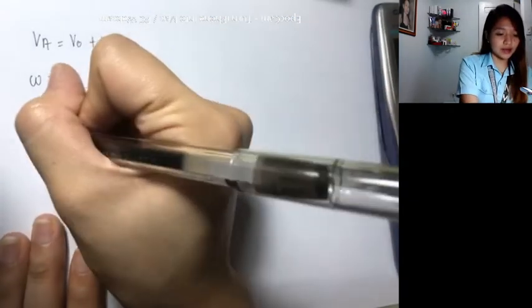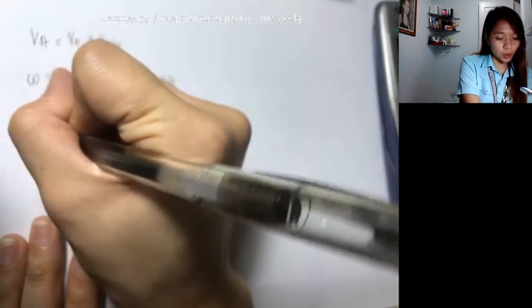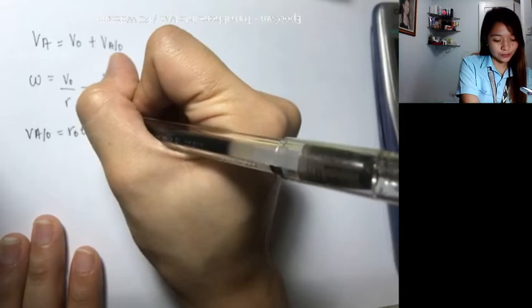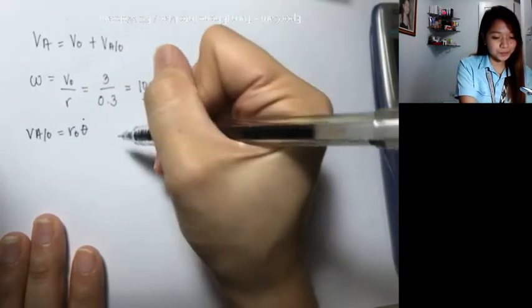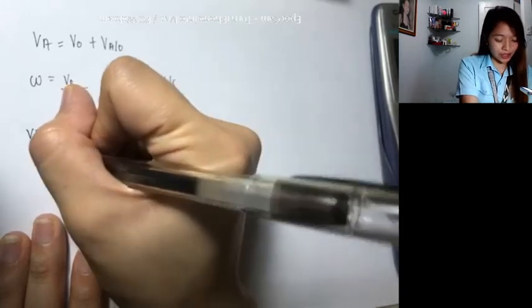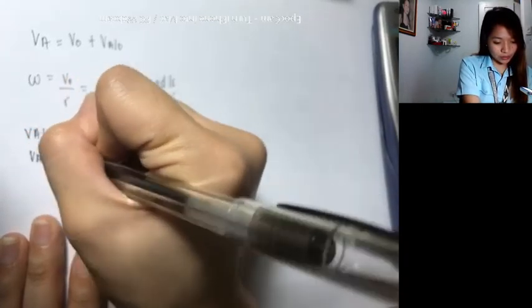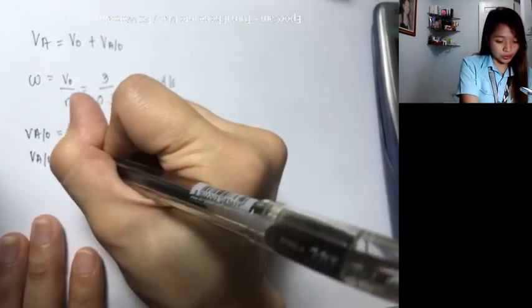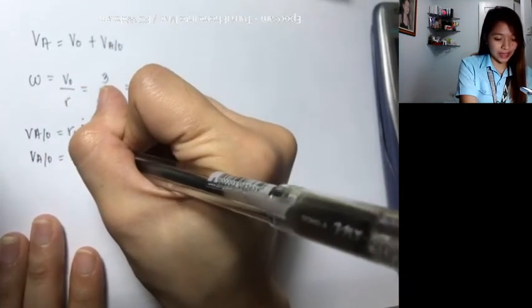Solving for VA to O, we have r sub AO times theta dot, the first derivative of theta. r sub AO is 0.2, which is also the measurement or the diameter.